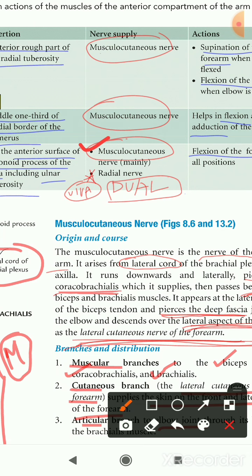It is most frequently asked in the viva: name the muscles which have dual nerve supply in the upper limb. The brachialis is mainly supplied by the musculocutaneous nerve and partly by the radial nerve. So musculocutaneous and radial: it has dual nerve supply.